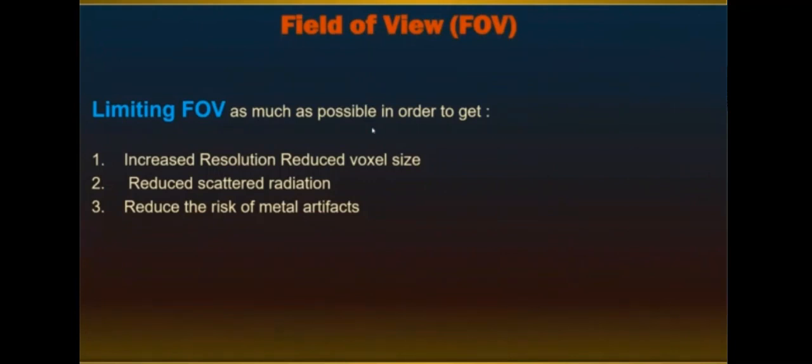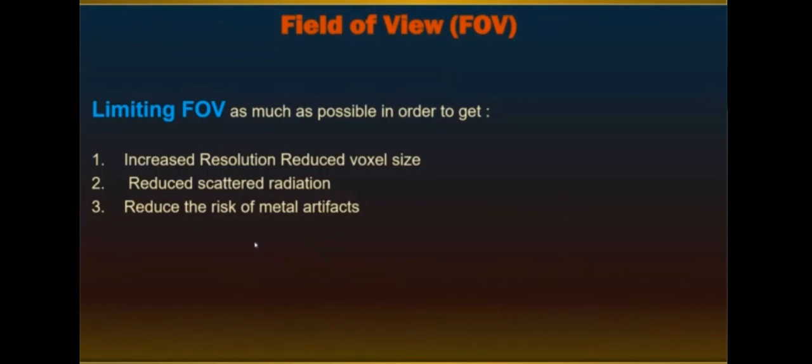You can have two types of artifacts. You can have noise, called image noise, from the scattered beam from natural teeth, or you can have metal artifacts coming from neighboring metal structures like implants, crowns fused to metal, or whatever metal is there.